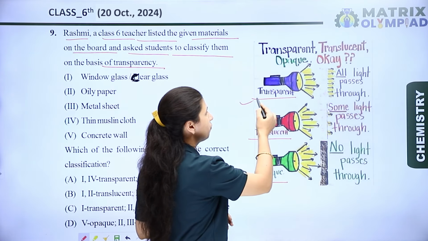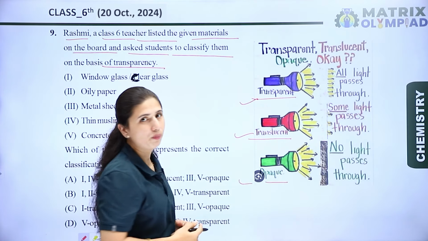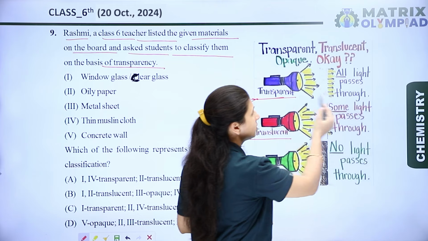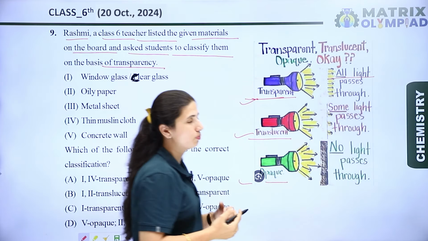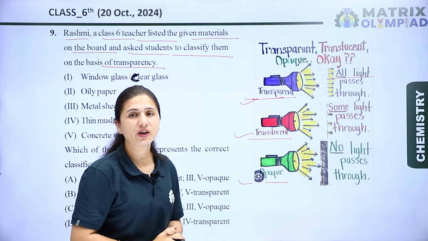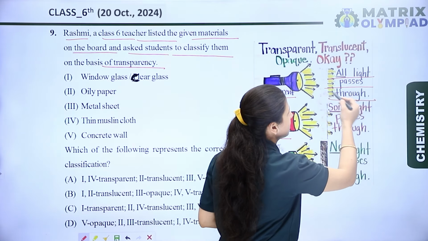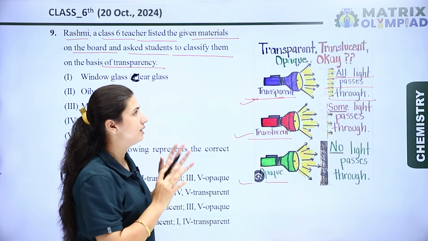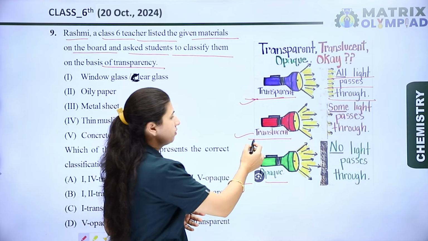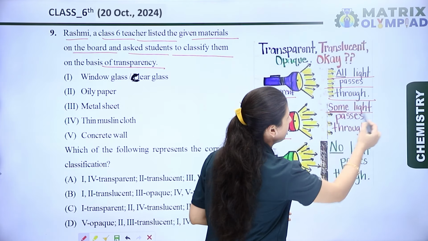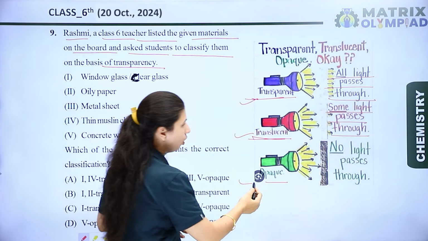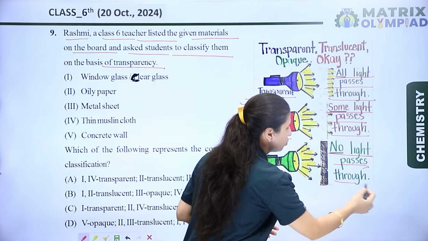So what is the meaning of transparent, translucent and opaque? Transparent substances are those through which all light passes, meaning light can easily pass through them. In translucent substances some light passes through them, and in opaque substances no light passes through them.